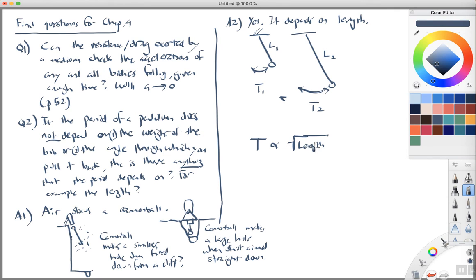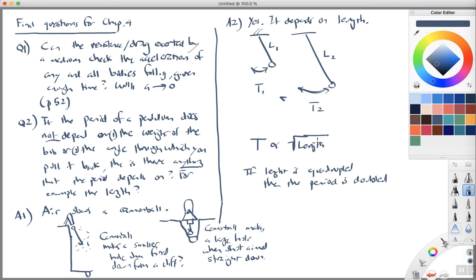It means that if you have a pendulum of a particular length and it has some period, if you quadruple the length, the period would be doubled. So if the length is quadrupled, then the period is doubled. Right?